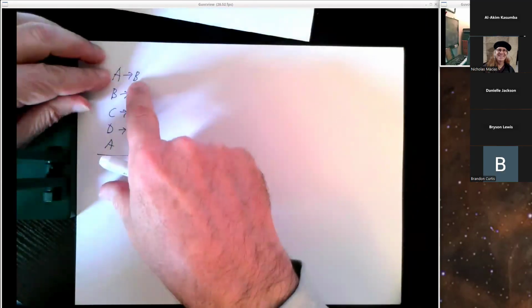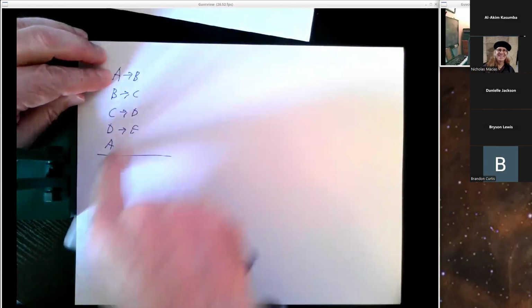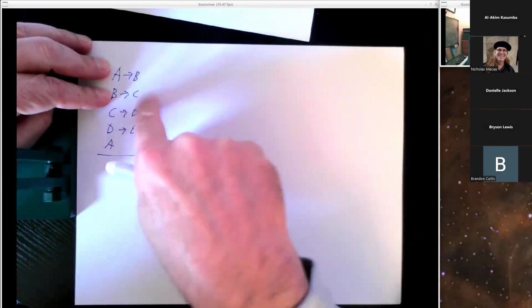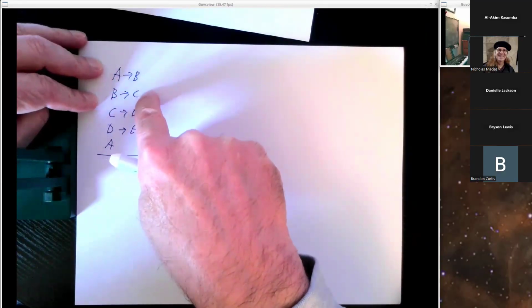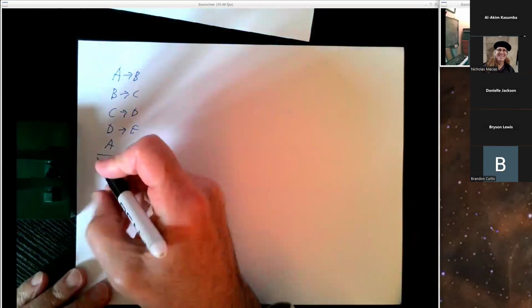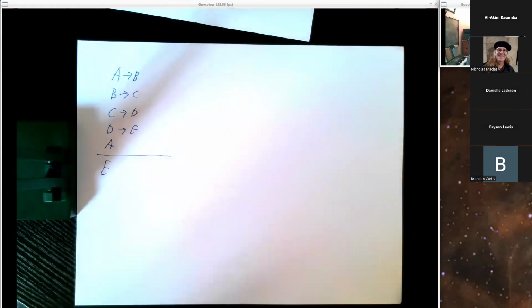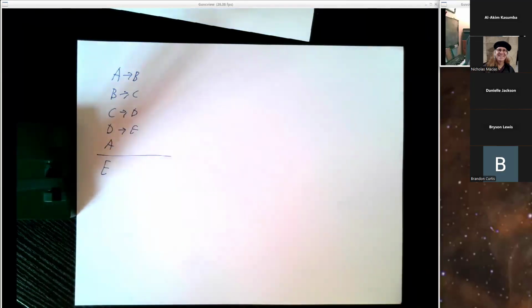Direct reasoning tells me if A implies B and A is true, then B is true. And if B implies C and B is true, then C is true. And I can leapfrog like that, and I can absolutely conclude, hey, E is true, as well as B and C and D. So to do a direct proof of this is relatively few steps.